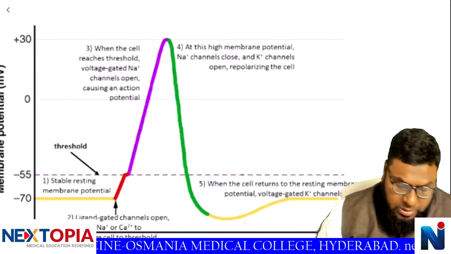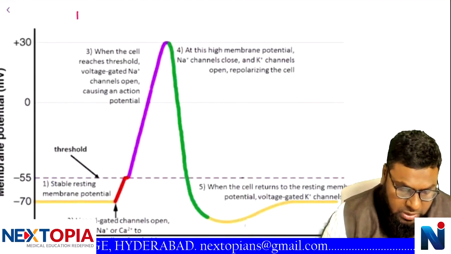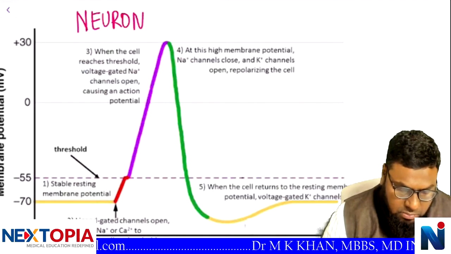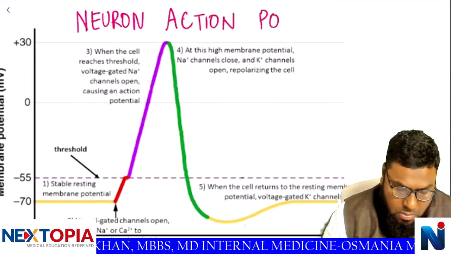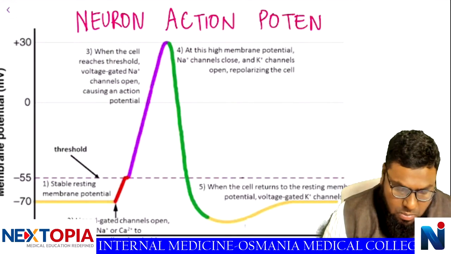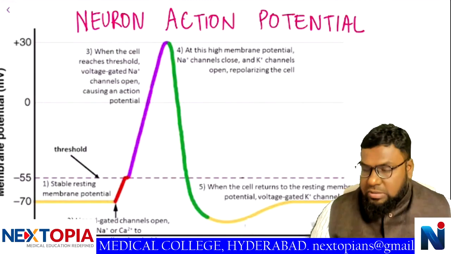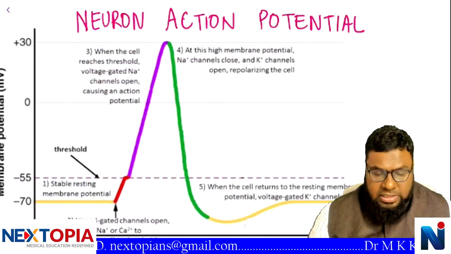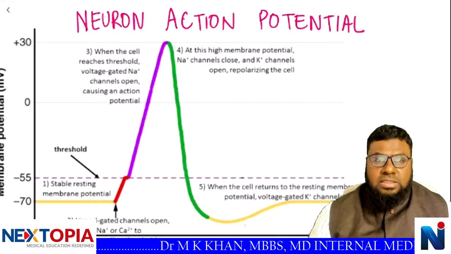so here we will first be discussing the neuron action potential. The neuron action potential helps us to understand the voltage gated ion channels, which I discussed in my last class.